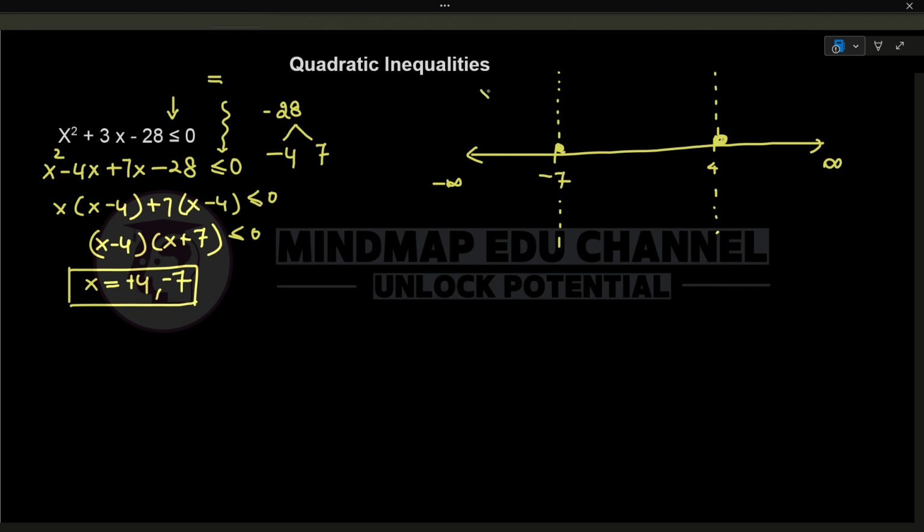Now we will take any test point from each section. So let's take here minus 8. Here let's take 0 and here let's take 5. Now plugging these values in your given expression, we will use the factored form to make the calculations easy. So it will be x minus 4, x plus 7.